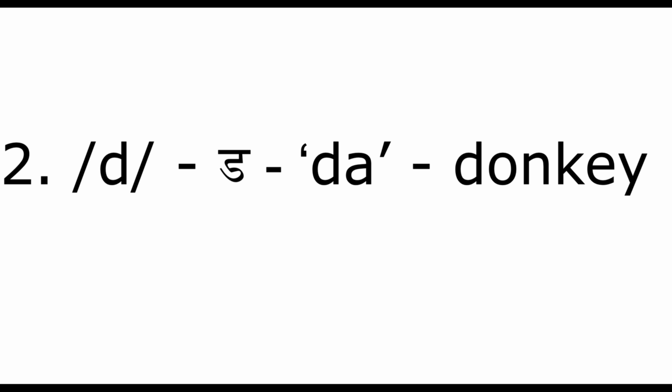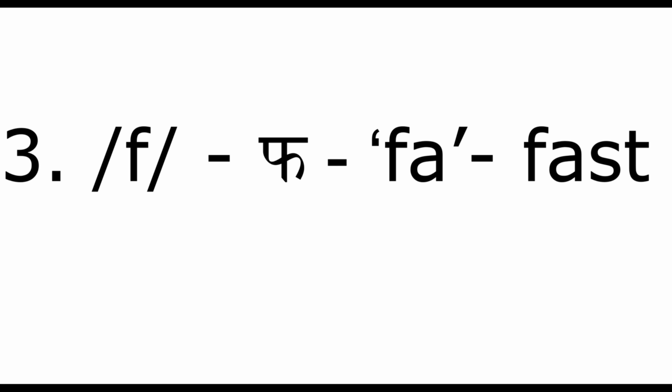Moving ahead to the next one, that is D as in donkey, day, lady, bed. All these words have the D sound coming in the initial, middle and final position. Next sound, F sound as in fan, before, roof.